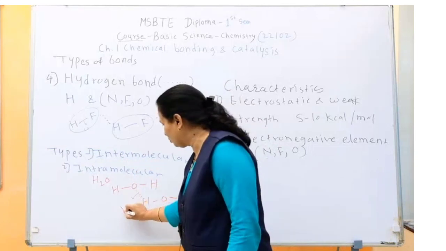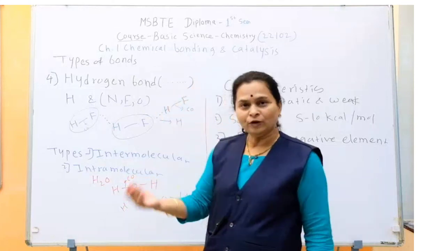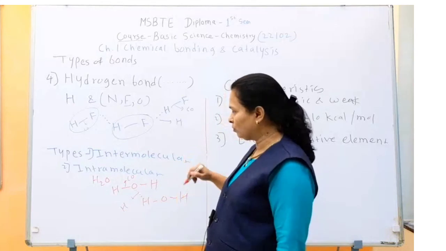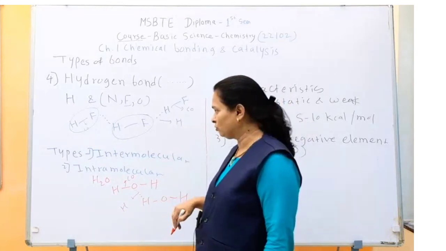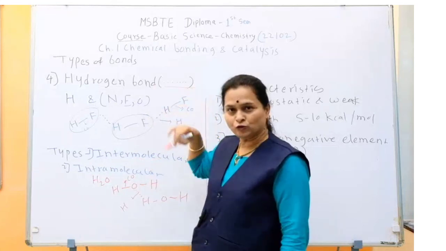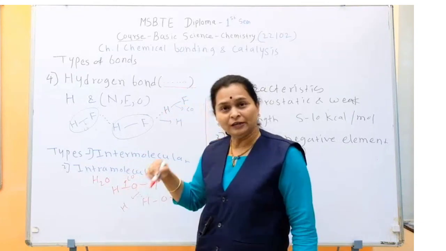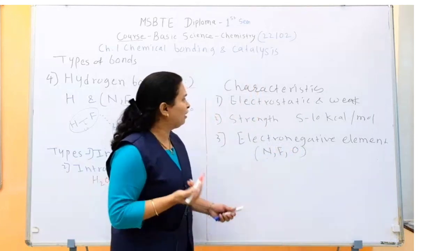This is the hydrogen bond and this is the covalent bond. This is the intramolecular hydrogen bond. The covalent bond is the intramolecular hydrogen bond. This is the difference between intermolecular and intramolecular hydrogen bond. The intermolecular hydrogen bond is the hydrogen bond which is shown by a dotted line, while the intramolecular hydrogen bond is a covalent type of bond. Now what are the characteristics of hydrogen bond?